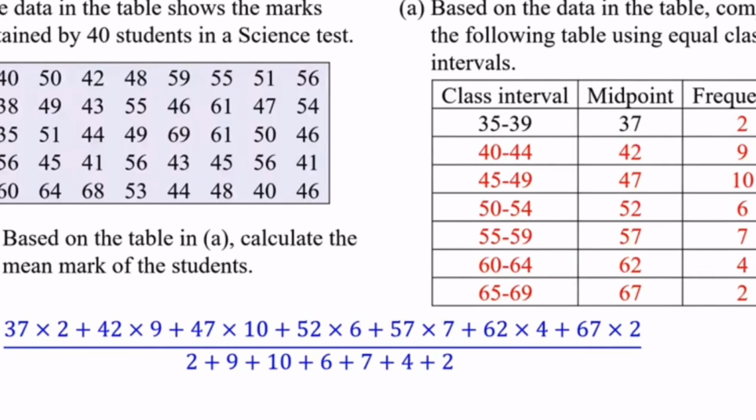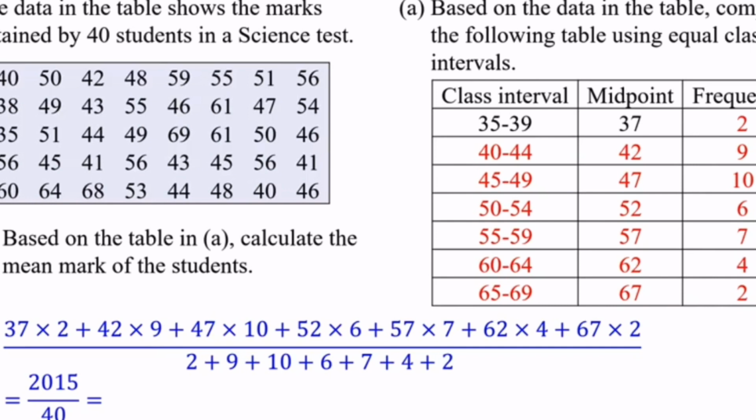So if you really press one by one, 37 times 2 plus 42 times 9 plus 52 times 6 plus 57 times 7 plus 62 times 4 plus 67 times 2, you will get a total of 2015, and you need to divide by the total number of students, right?